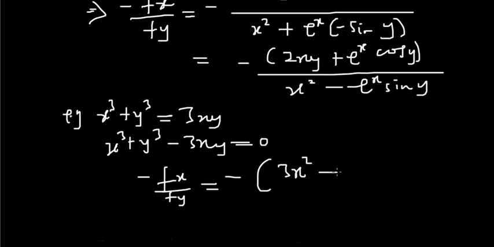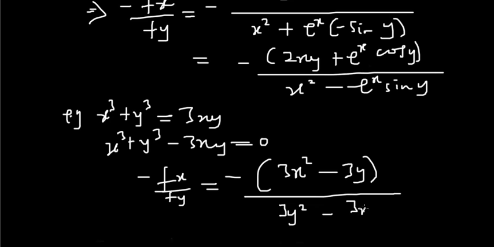Then we have minus 3y, and then you divide that by the derivative with respect to y. Y is not in the first term, so this goes to 0. We have 3y squared, and then minus 3x. So from here you can simply write this as x squared minus y, because we factorized 3 out, and we have y squared minus x. So this will be your final answer.